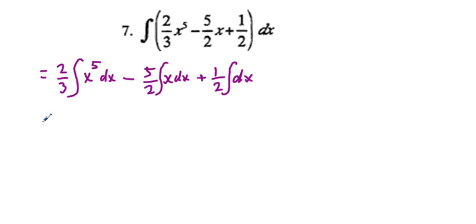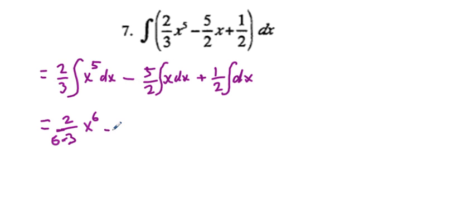And so this, we're going to have 2/3, and x to the 5th becomes x to the 6th, and we're going to divide by 6. And so what I'll do is put this 6 in this denominator as this neighbor to the 3.